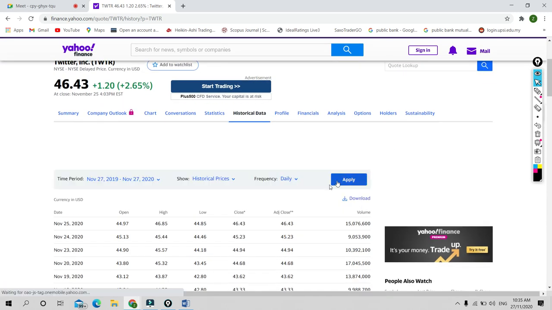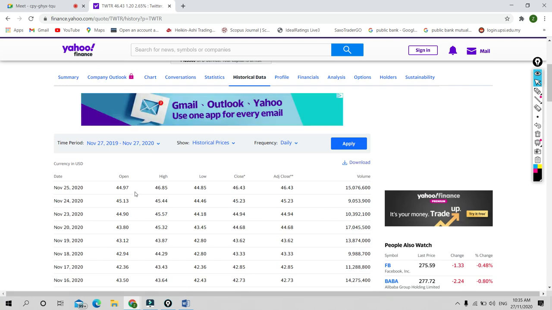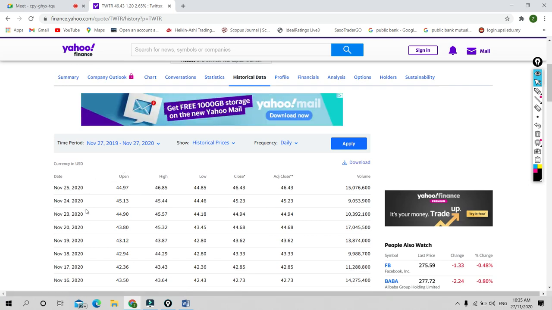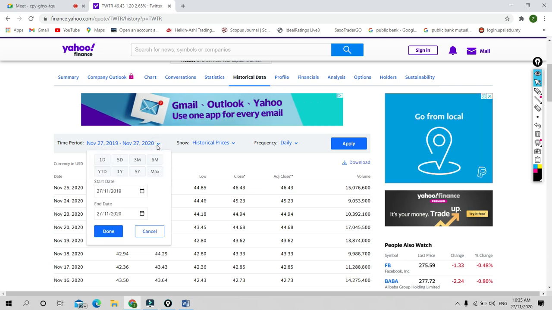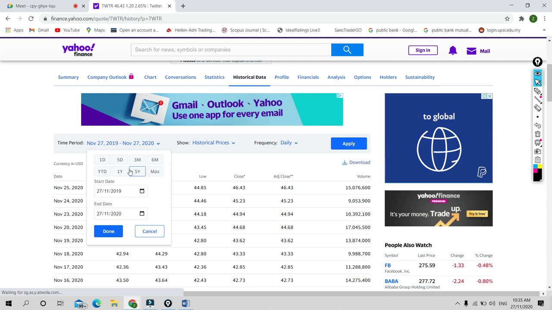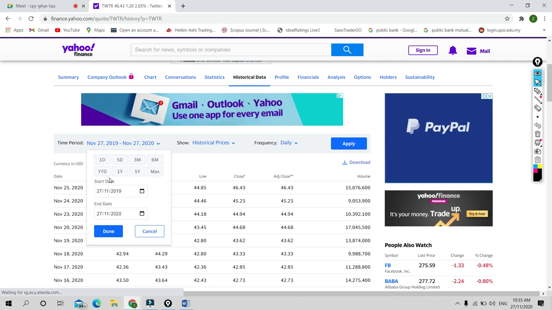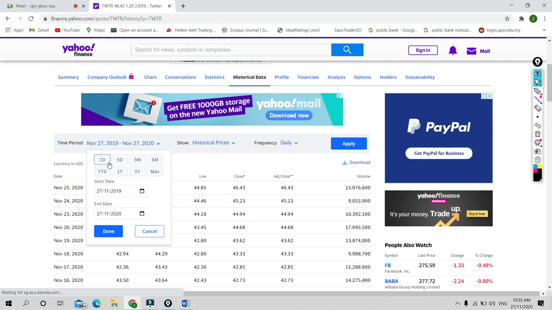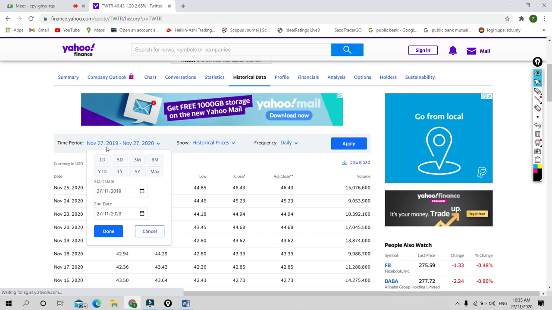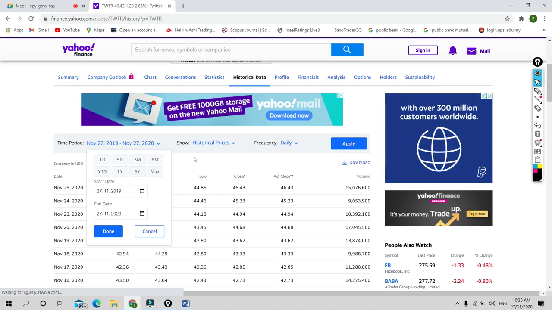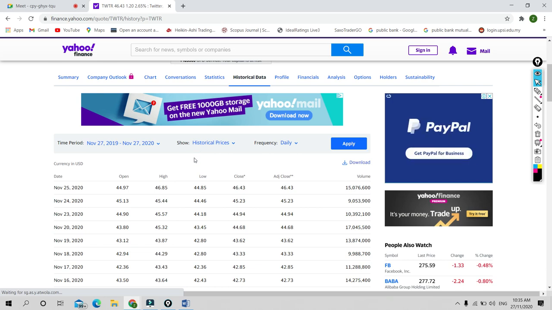So I have 200 data here, or maybe less than that. Okay, if we look here, I have more than 200. I have 253 data. So I just pick up, for example, the closing price.